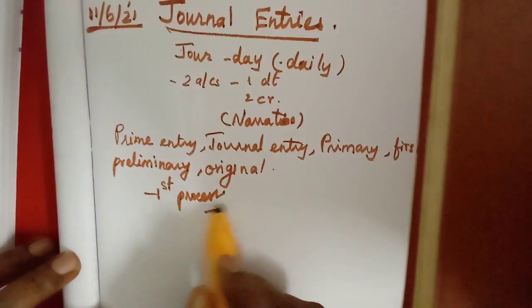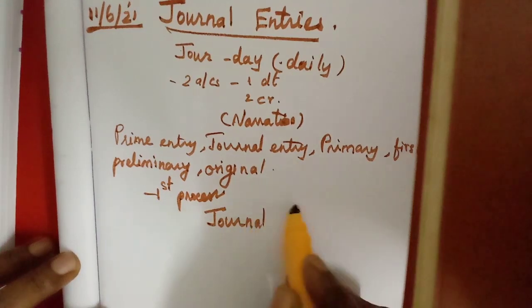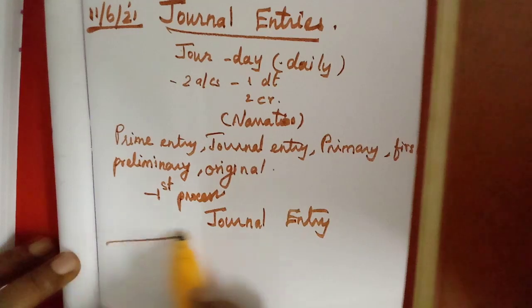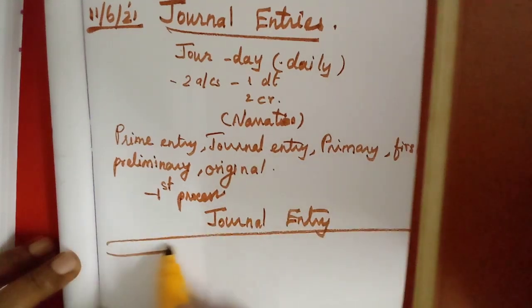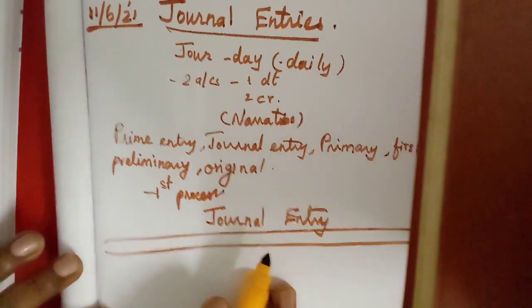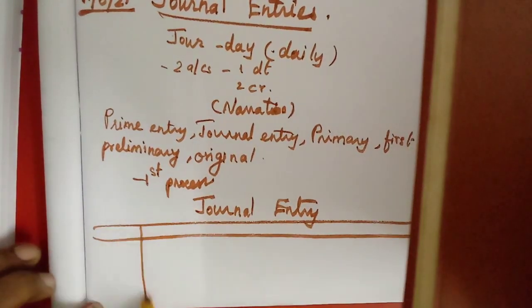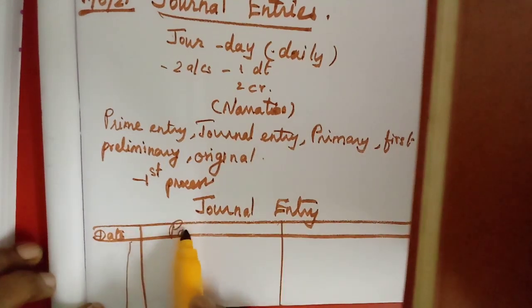For journal entries we have to use one whole page. The first column is date, and here one small column will also be there. Then the second column is particulars.